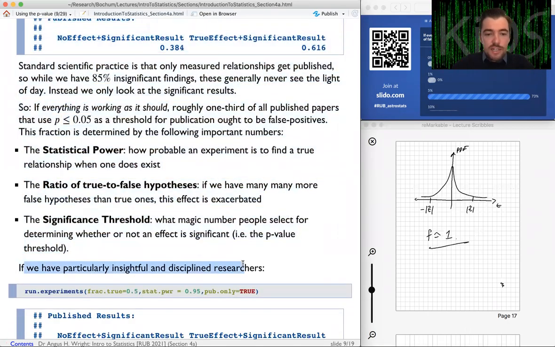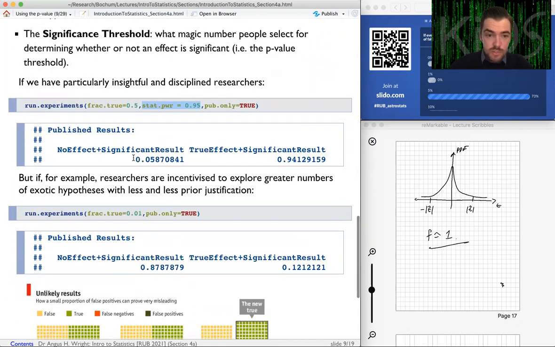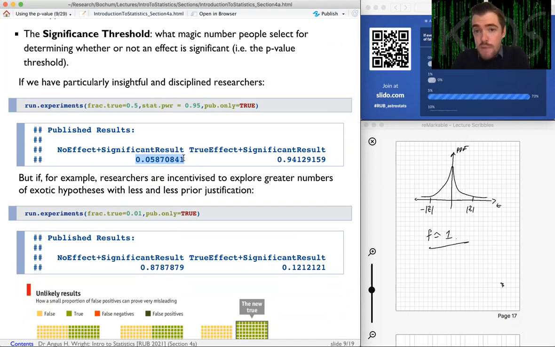If we have a particularly insightful set of researchers who only analyze hypotheses that are true 50% of the time, and their experiments are very, very well made, and so they have a statistical power of 95%, what does this look like? Well, in that circumstance, we get back down to about the 5%.